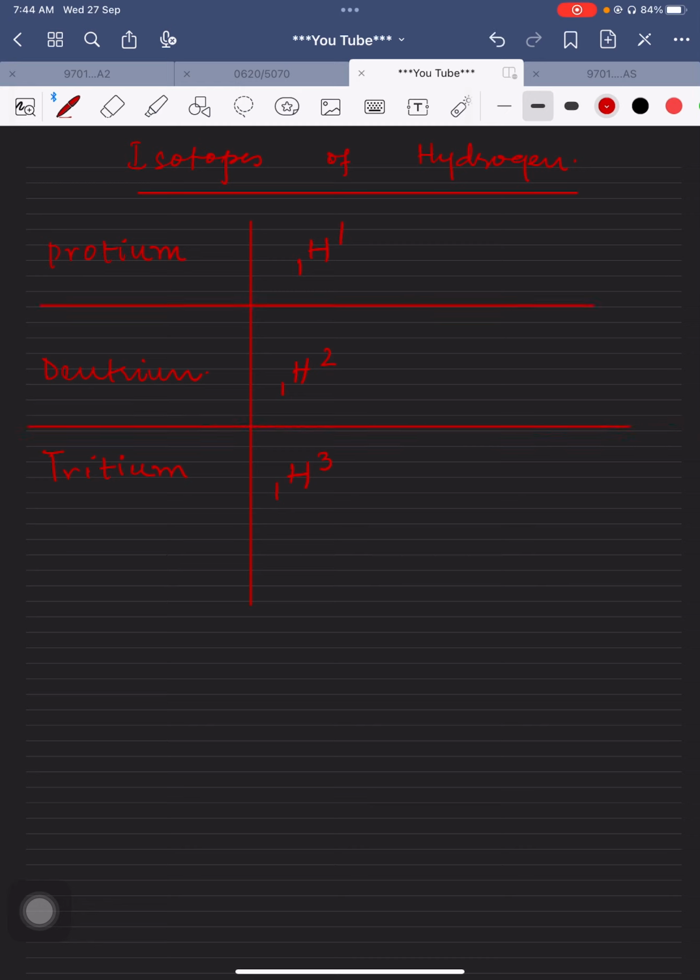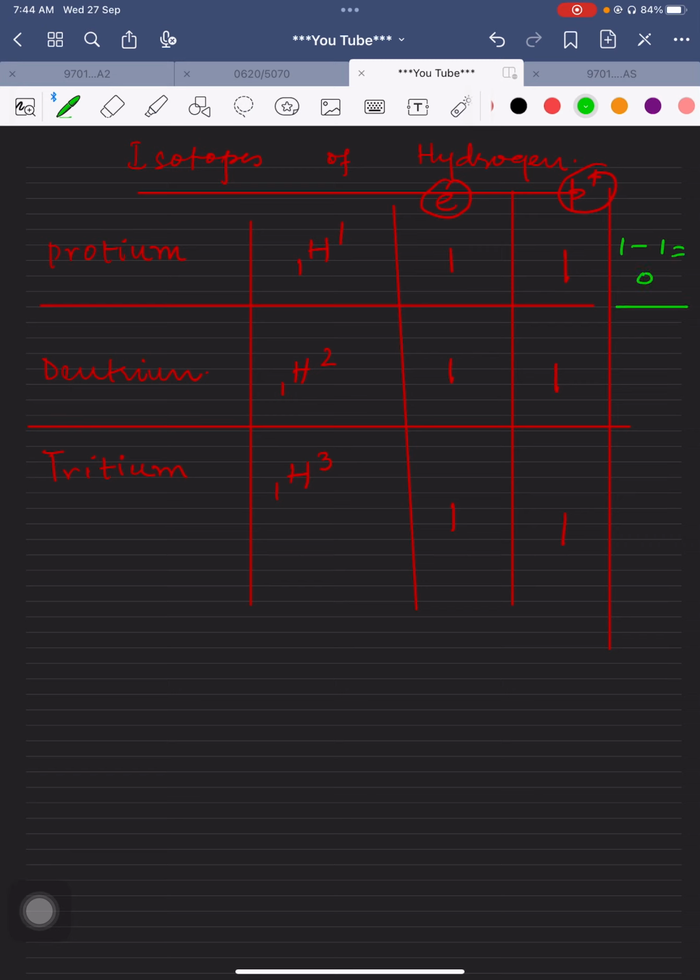And then what is the electron number in the first one? It is 1, 1, 1. What is the proton number? It is 1, 1, 1. So what is the neutron number here? It is 1 minus 1 is equal to 0.